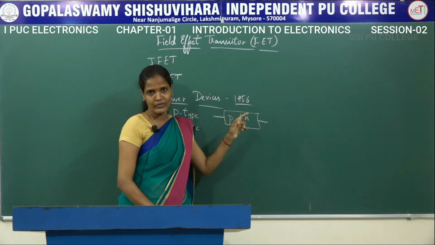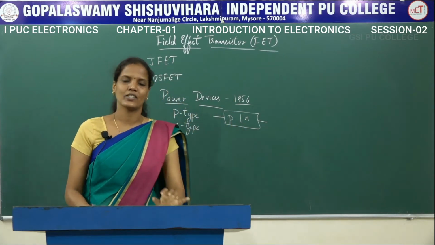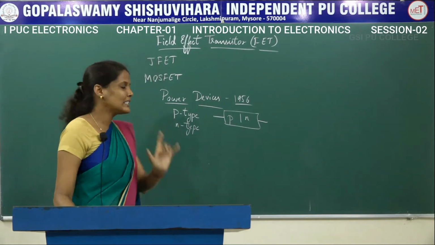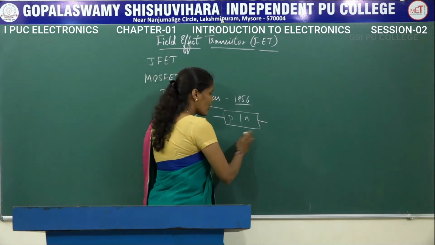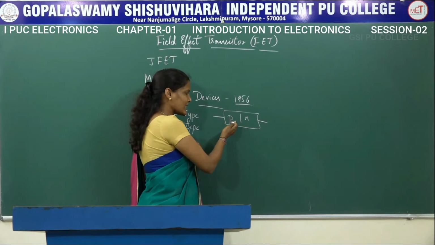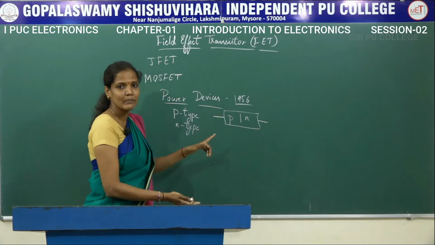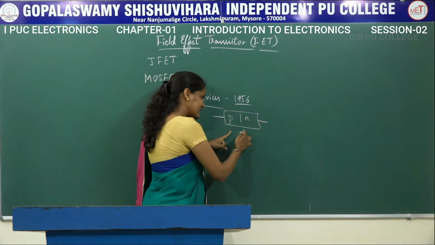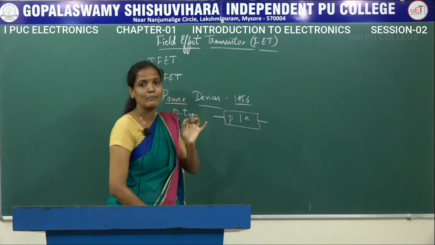In the year 1956, Bell Telephone Industry people introduced another device which had 4 different layers. Here I have only 2 different layers. One layer is P-type semiconductor, the other layer is N-type semiconductor. On the whole, this entire thing can be called a simple diode.